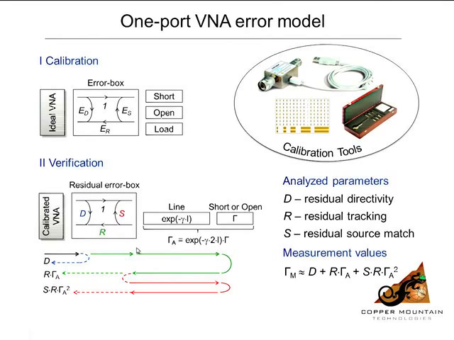The residual tracking error does experience the delay of the line twice, and the source match experiences it 4 times. So using time domain processing, it's possible to separate out these various reflections and to estimate their magnitude.